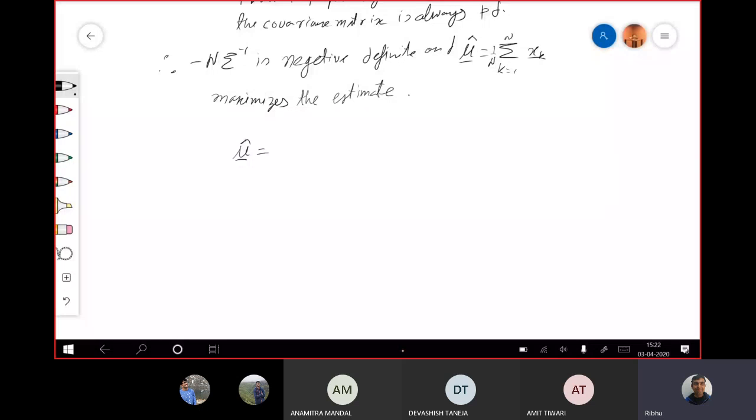Now mu hat in itself is 1 over n sum k equal to 1 to n xk. So the question is: is mu hat the mean of xk, k goes from 1 to n?